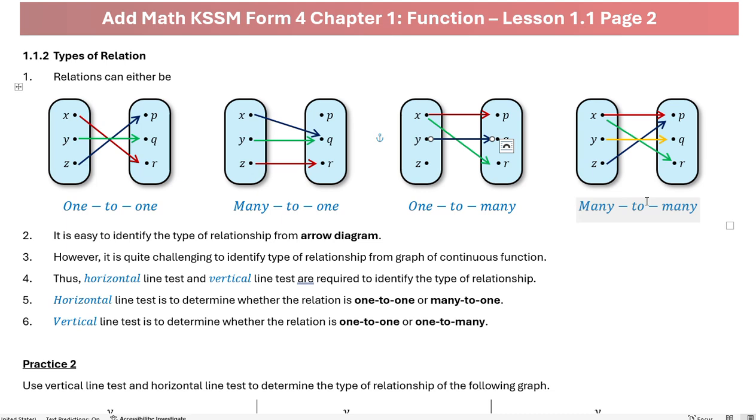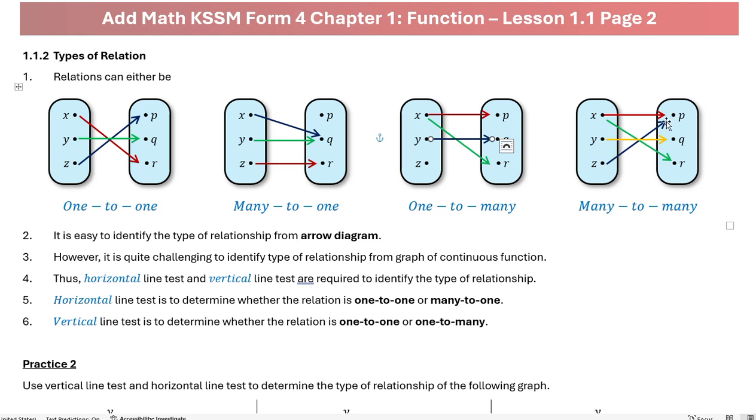For this one, the yellow arrow shows the relation is only 1 to 1, but for this red and green, we've got one object pointing to two images. So in this case, we've got 1 to many, but again, here's another one. S and Z, two objects pointing to one image.